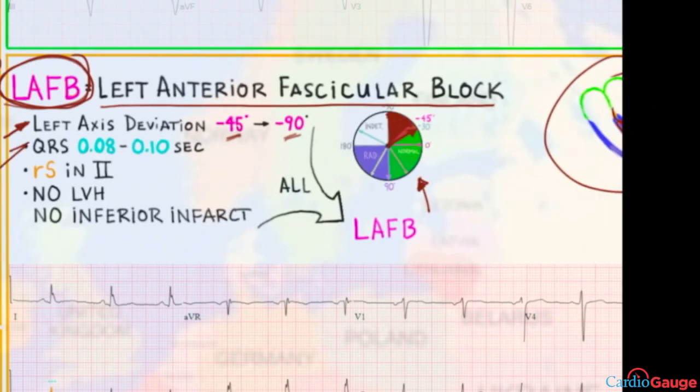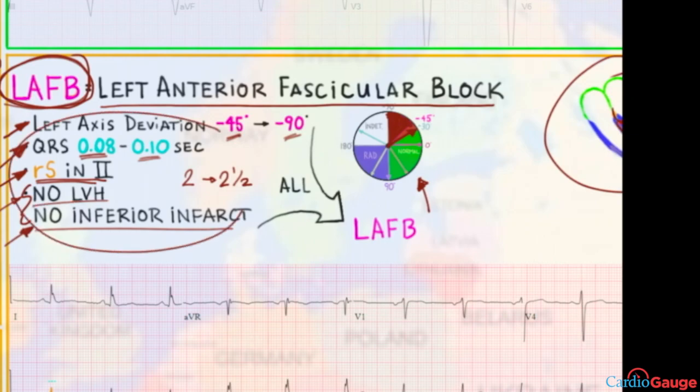Then you're looking at a QRS of 0.08 to 0.10 seconds. So 2 little boxes to 2.5 little boxes. You're looking for the morphology of a small R wave and an S wave in lead 2. And then, importantly, you can't have either of these. So there are no criteria for LVH and no criteria for inferior infarct on the ECG. If you meet all these criteria, then you have left anterior fascicular block.